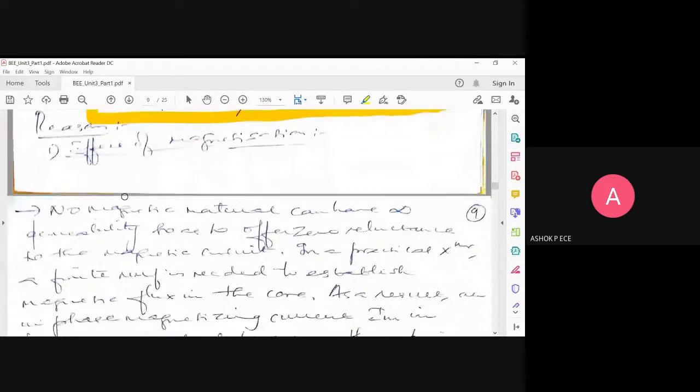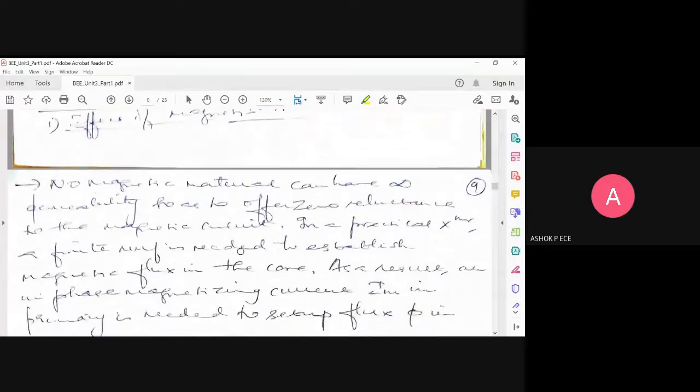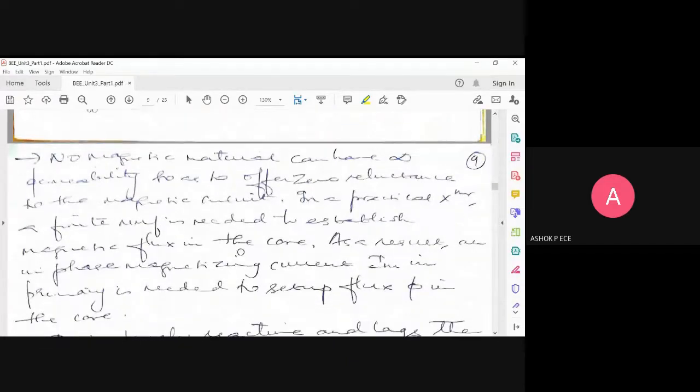So the first one is the effect of magnetization. Ideally, in the ideal transformer, we have seen the transformer should have infinite permeability, so the reluctance is going to be zero. This is the ideal case, but practically the permeability is not infinity and the reluctance is not purely zero. So there will be some reluctance offered by the core and some finite permeability inside the core.